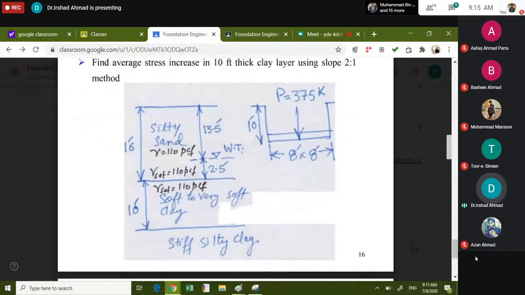Using Boussinesq equation you found it was 1.41 ksf, but now use slope 2 to 1 method to find the stress increase in the soft to very soft clay layer. आप करें.